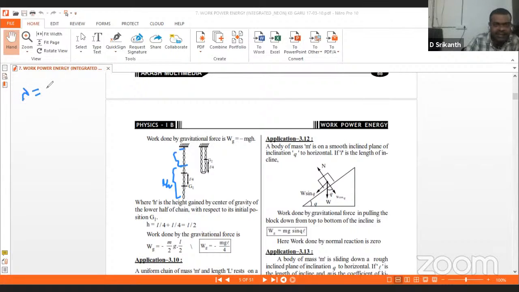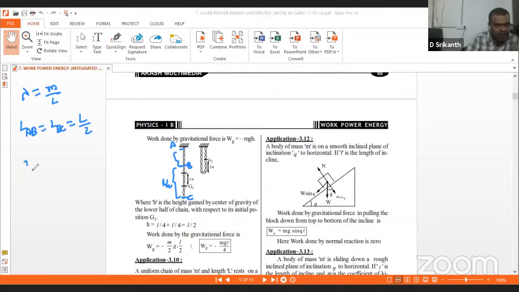Lambda, that is linear density, is constant everywhere. Let us consider this is A, this is B, and this point is C, such that length of AB is equal to length of BC, that is L by 2.